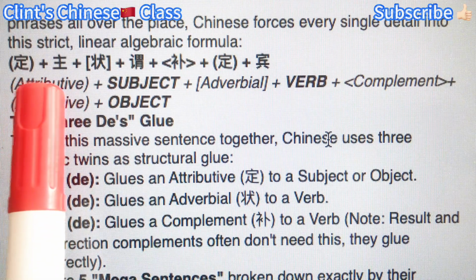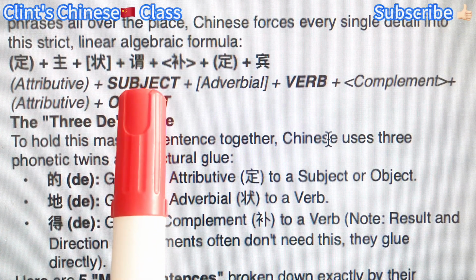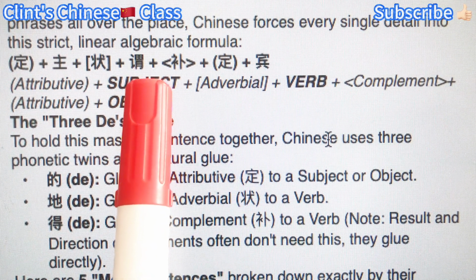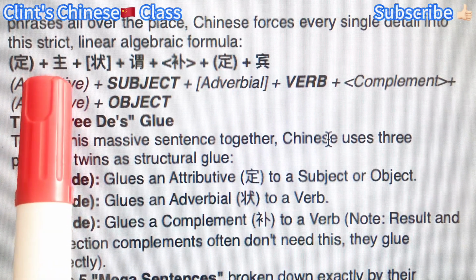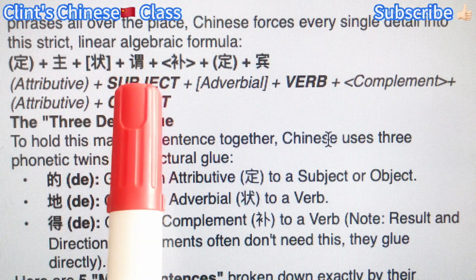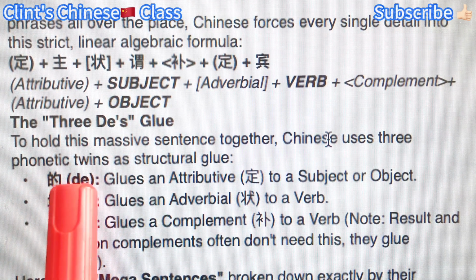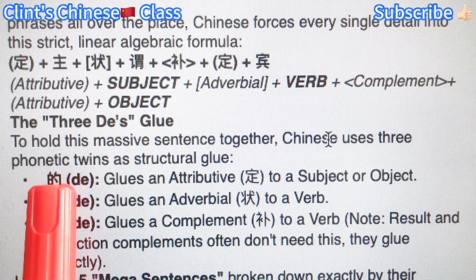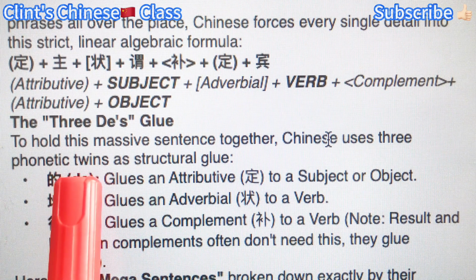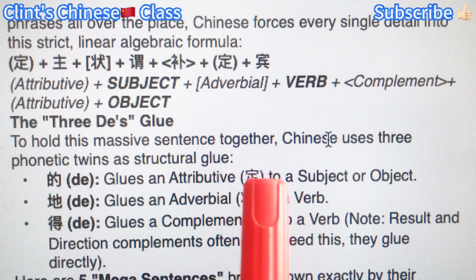So attributive, adjective modify subject, usually a noun, and then to connect the attributive and subject or attributive with object, you use de. This de turns the word into adjective to modify noun.